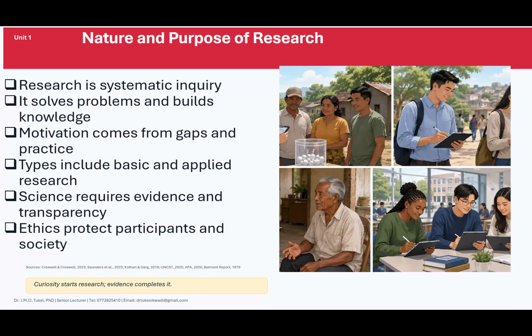But it also helps us as leaders move beyond assumptions. Move beyond assumptions.